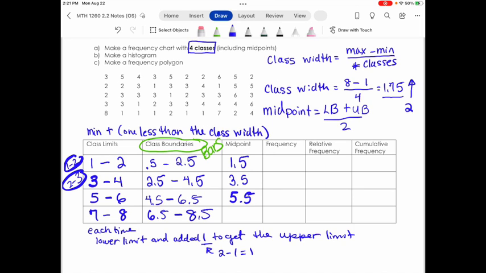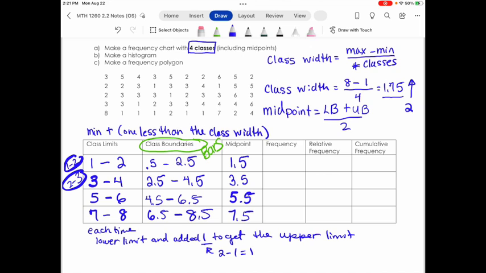For the third class, you'll get 5.5. And then for the last class, you're going to get 7.5. And again, we're not going to use those for the histograms, but we're going to use that for the frequency polygon.